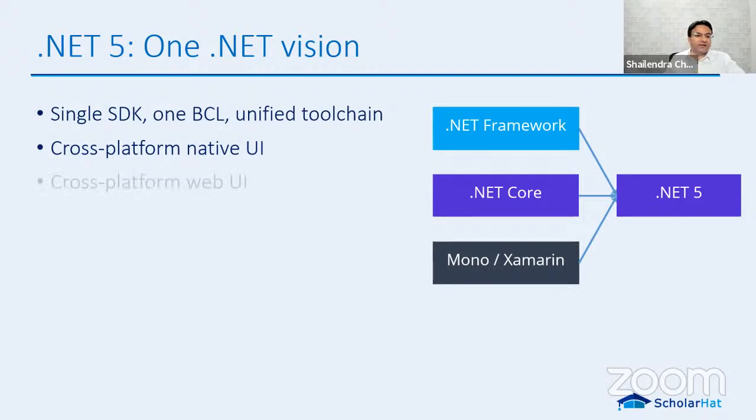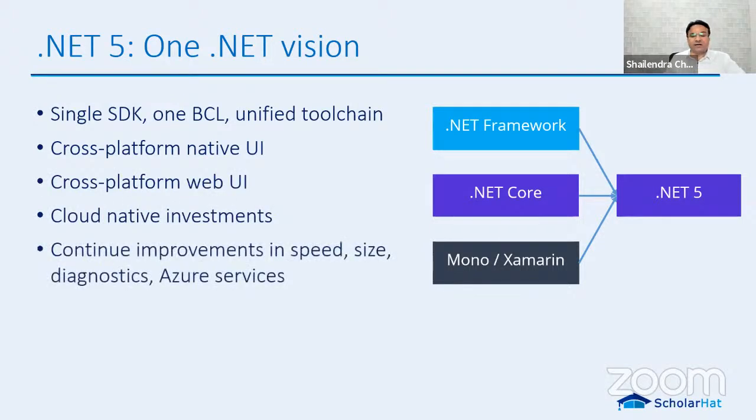We can build web applications, and even Windows applications. It is not limited to only the web application or a particular set of families offered by Microsoft. We can build all types of applications using .NET 5 that we did using the .NET Framework, .NET Core, and Mono, or you can say Xamarin.